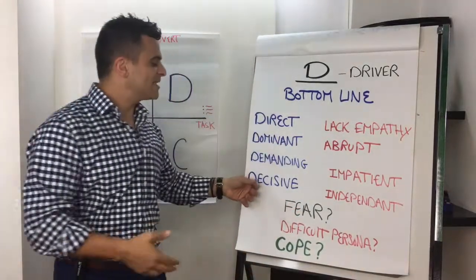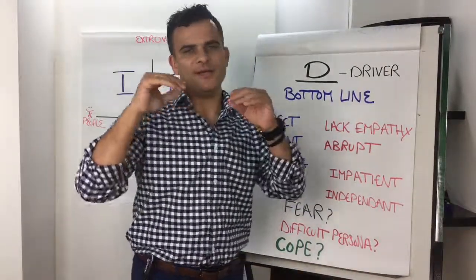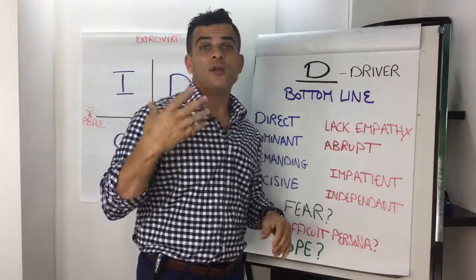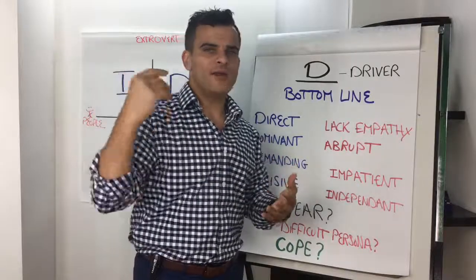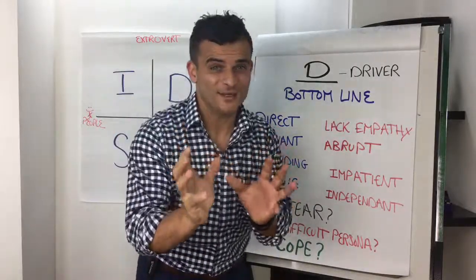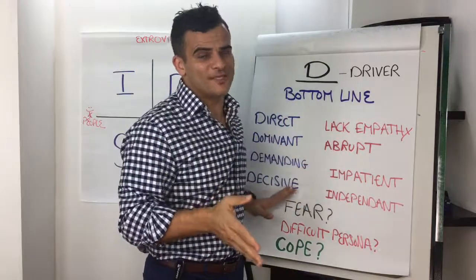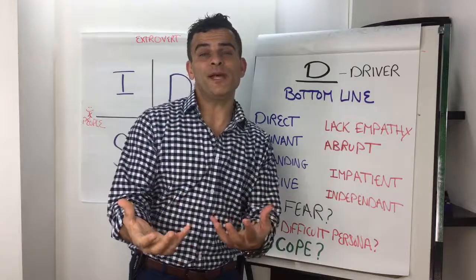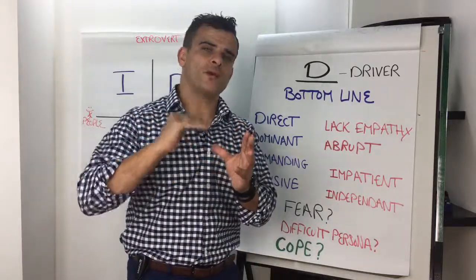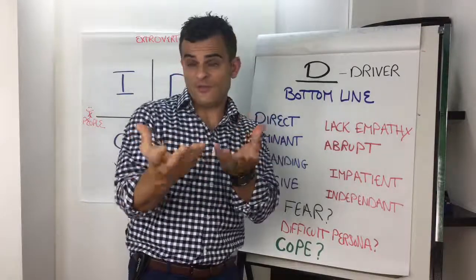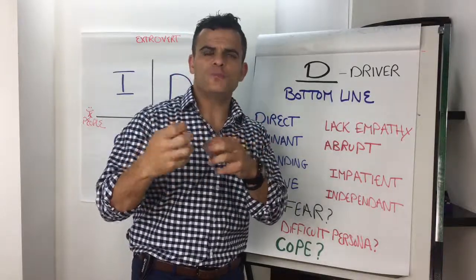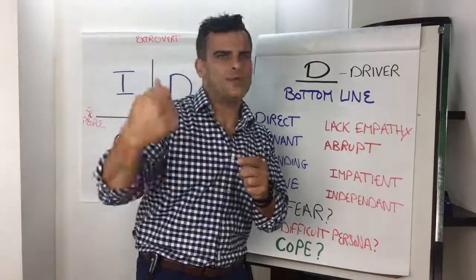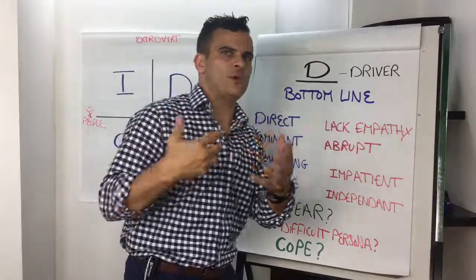All right. Decisive. They're very decisive. In times of uncertainty, you can always count on a D to make a decision, all right? Because, again, they're natural born leaders, they have no problem making a decision. It doesn't have to be the right decision, but someone has to make a decision, and you can always count on the drivers to do that. As a result, they can come across as not good team players, and they find themselves working independently, which is good if they're in sales, for example, but can be hindering if they're working on a team project, because they will run with something without communicating what they're doing.